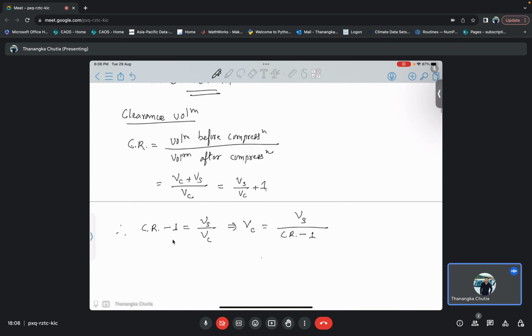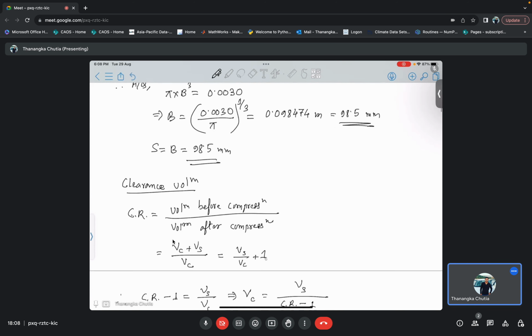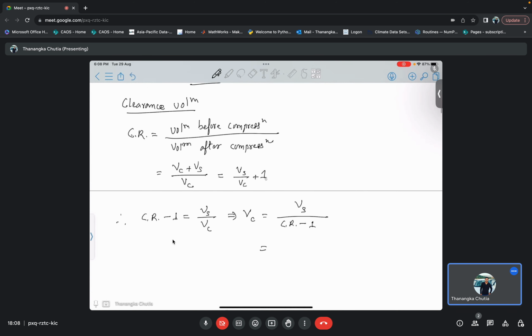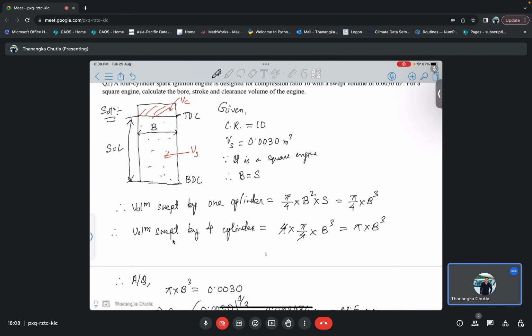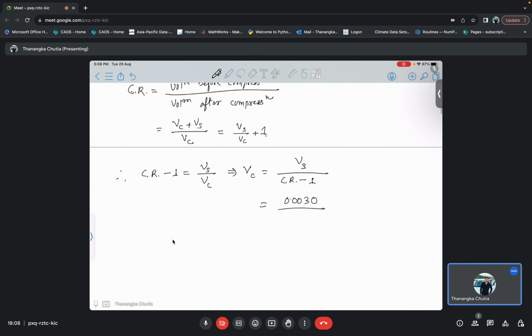Now what is your swept volume? It's 0.0030. And what is your compression ratio? 10. But remember, this is the swept volume for 4 cylinders, so this will be divided by 4, and it will be 10 minus 1.